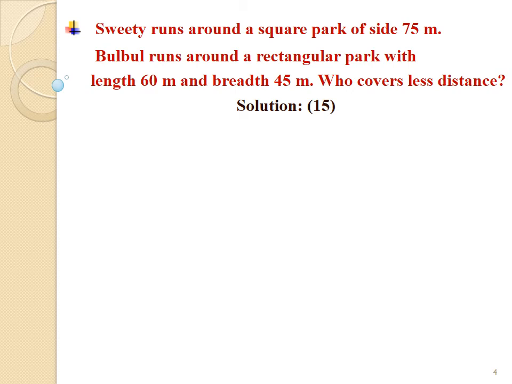Students, we have been given the side of the square path, which is 75 meters, where Sweetie runs, and the length and breadth of the rectangular path, which are 60 meters and 45 meters respectively, where Bulbul runs.